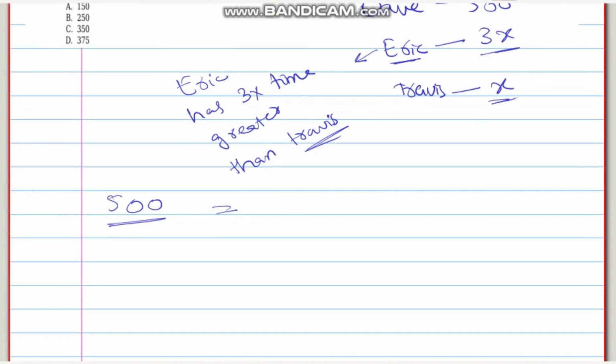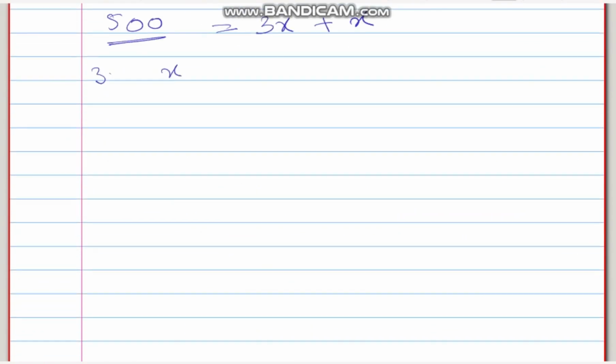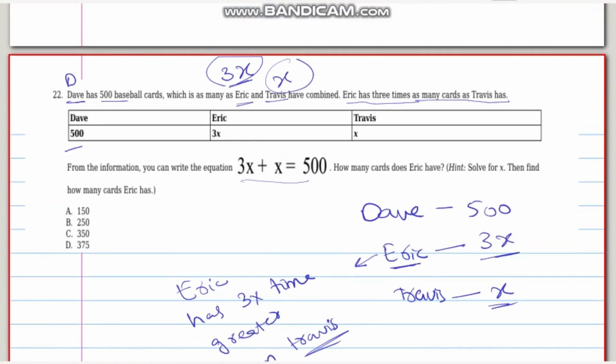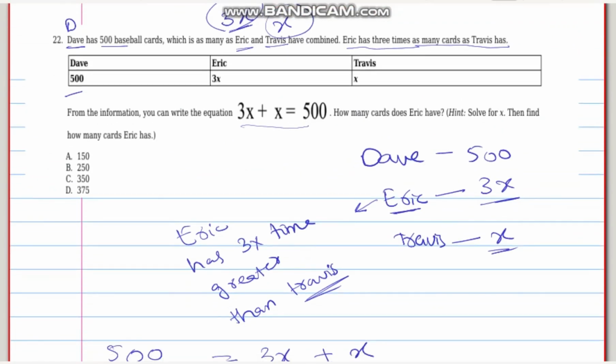So how many balls does Eric have? Eric has 3x cards, and Travis has x cards. So we can write it like this: 3x plus x. Both are the same thing. Please note the question: how many cards does Eric have?